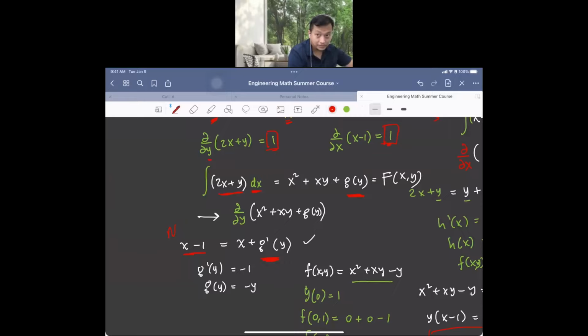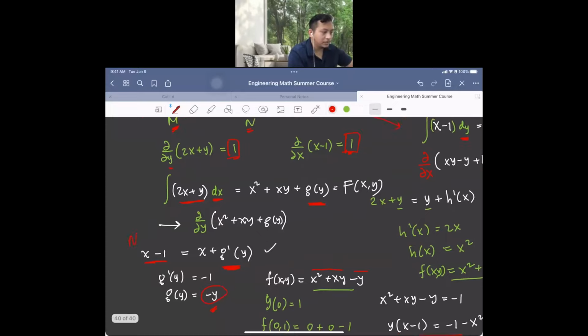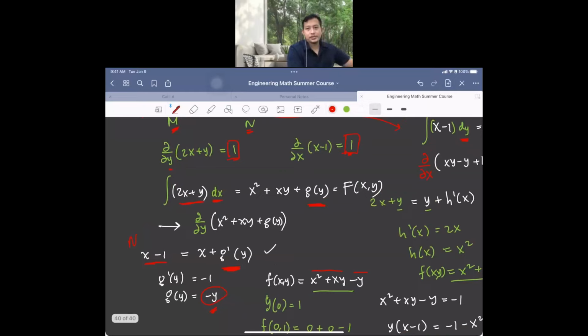So we can integrate, and it becomes negative y. And don't add any constant here, because it doesn't really matter. Just be mindful of that. Then we have our f. Our f is x squared plus xy minus y. It depends on what questions you have.